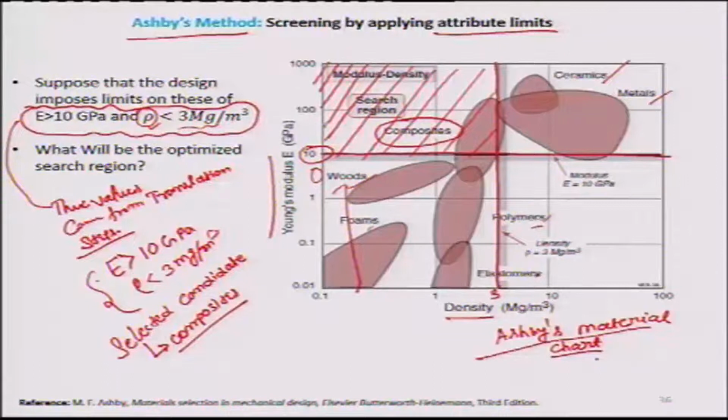This is the simplest way of screening the material, eliminating the non-usable materials that are not suitable for a particular application. Although they have very good properties, polymers have good properties, metal has very high strength, ceramic has very high strength, for this particular region they are useless.